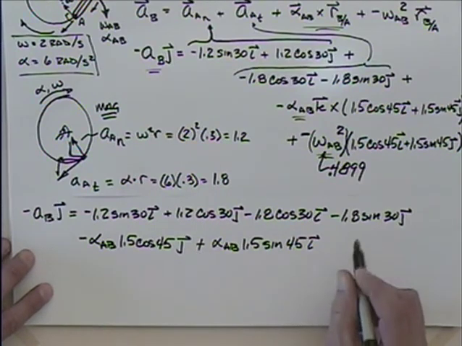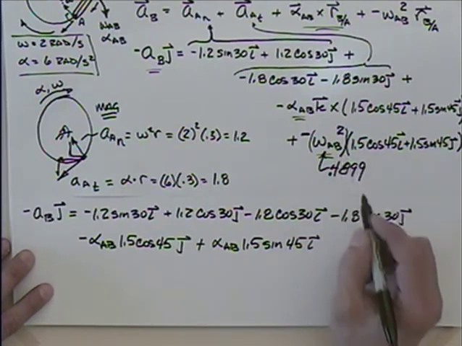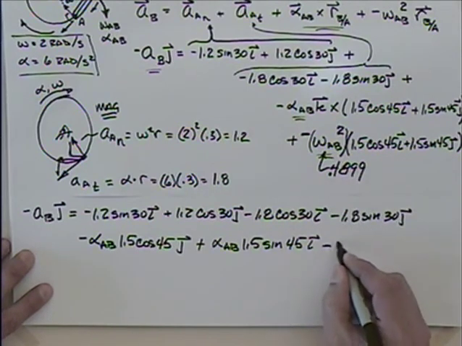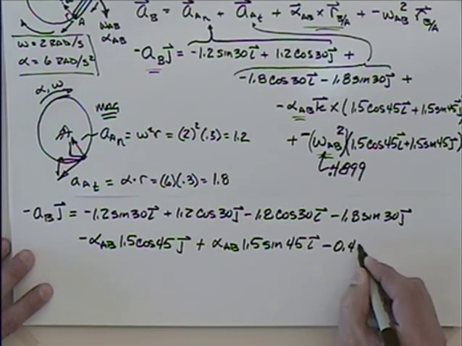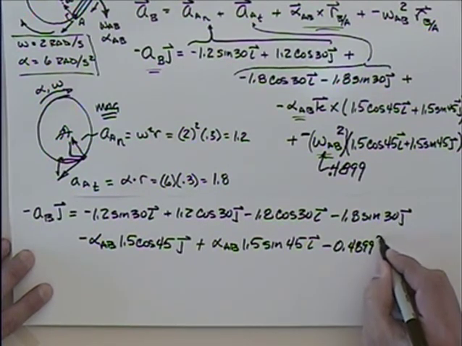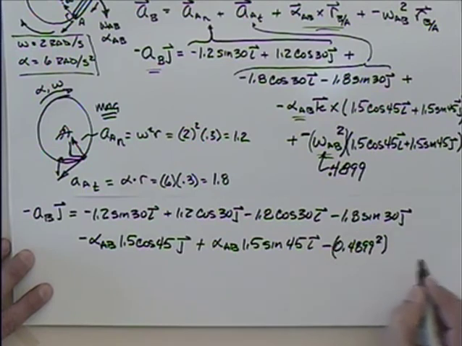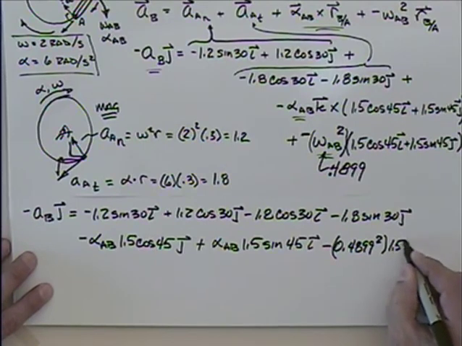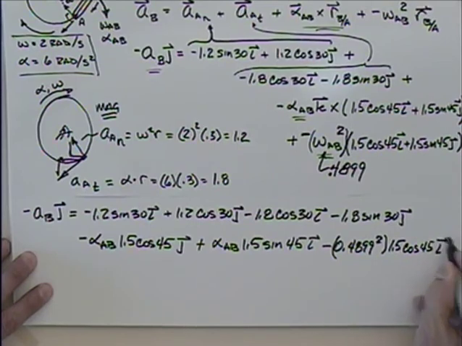And then here, I actually don't have to do any crossing here, do I? I just say that I have a minus 0.4899 squared. Be careful not to get that negative sign in there. And that's going to be times 1.5 cosine 45 in the I direction.